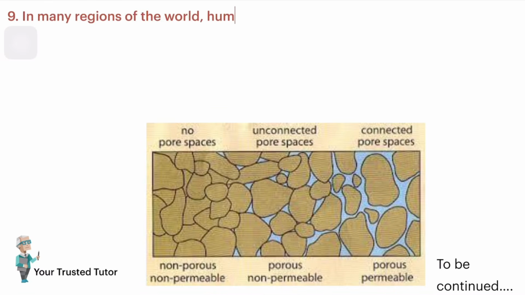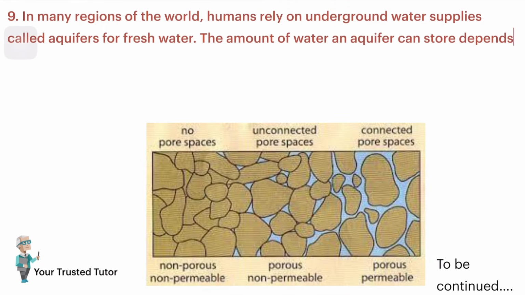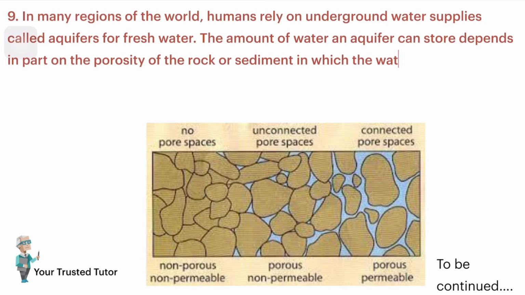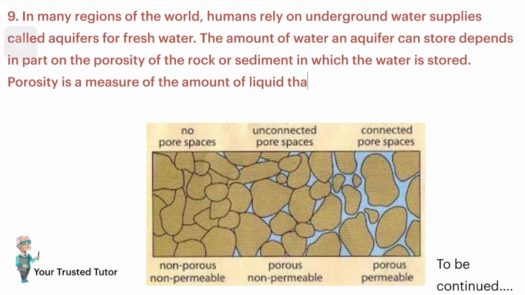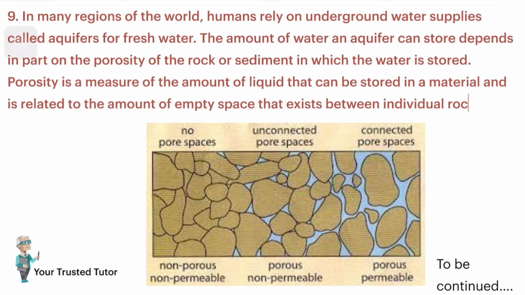Question 9. In many regions of the world, humans rely on underground water supplies called aquifers for fresh water. The amount of water an aquifer can store depends in part on the porosity of the rock or sediment in which the water is stored.